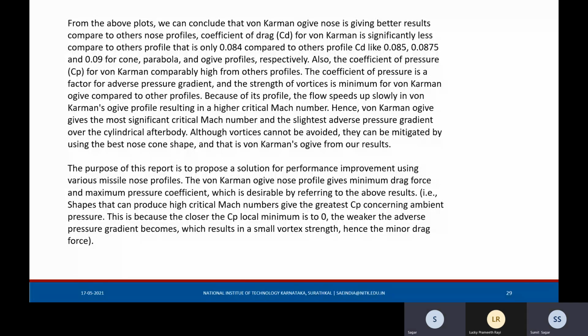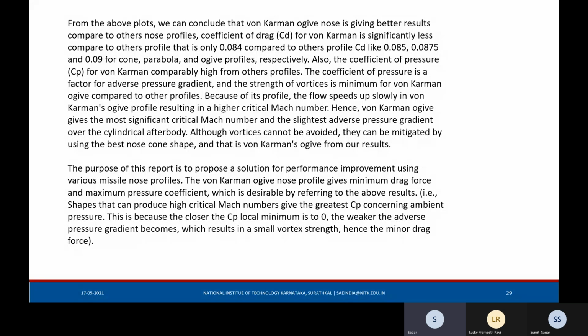After analyzing all the results, all the plots and contours, we concluded that the von Karman Ogive profile gives the best result out of all the profiles: cone nose profile, parabola, Ogive profile, and von Karman Ogive profile. We have taken three references: coefficient of drag, coefficient of pressure, and critical Mach number. In all three, the von Karman Ogive profile gives the best result.